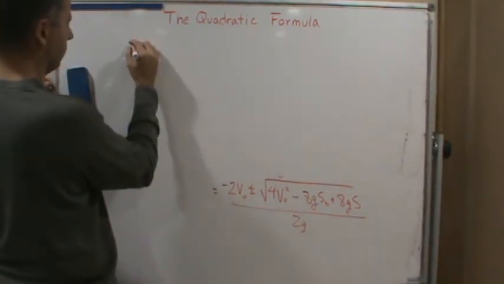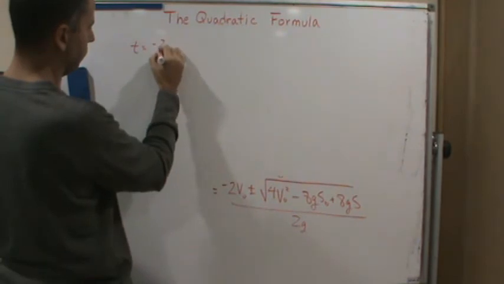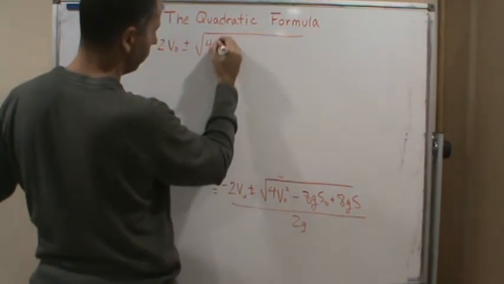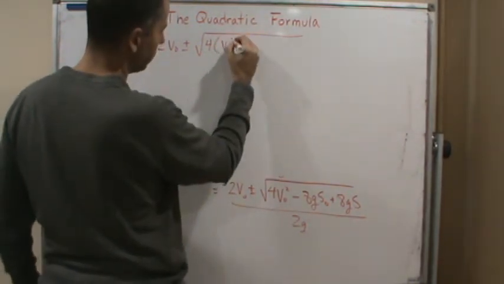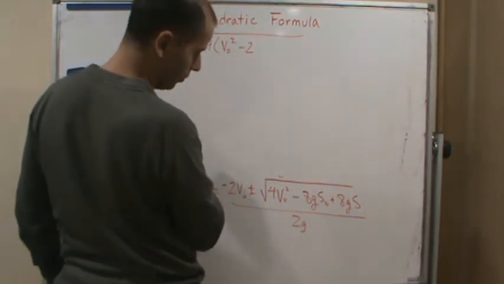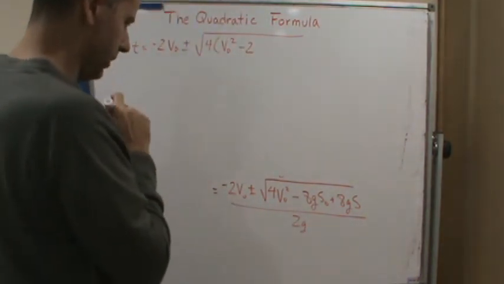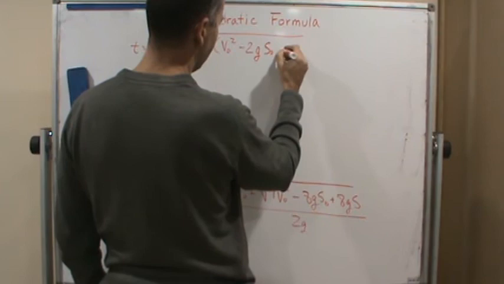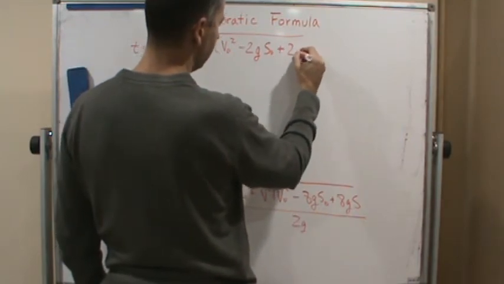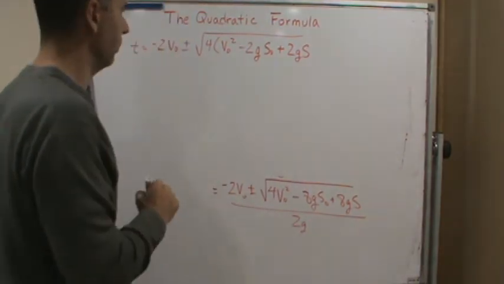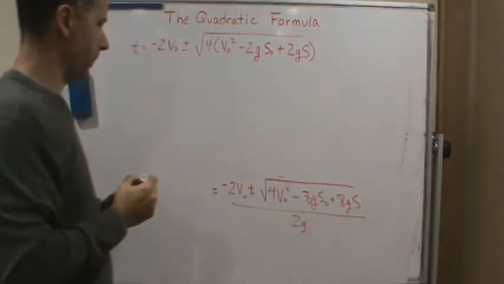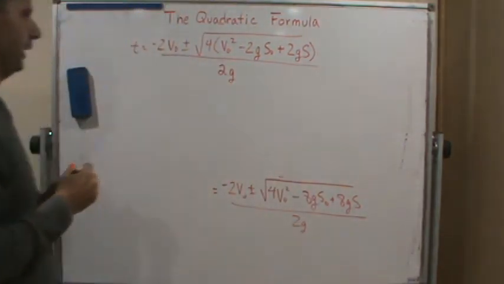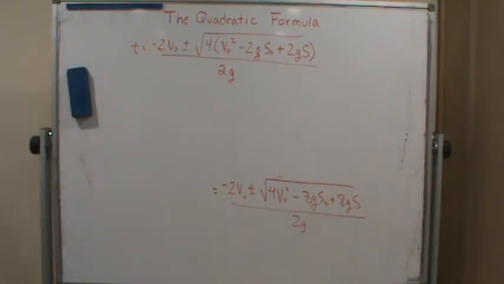So now t equals negative 2 v naught plus or minus the square root of 4 times, factoring out a 4, v naught squared minus 2g s naught plus 2g s, all over 2g. Okay? So far so good.